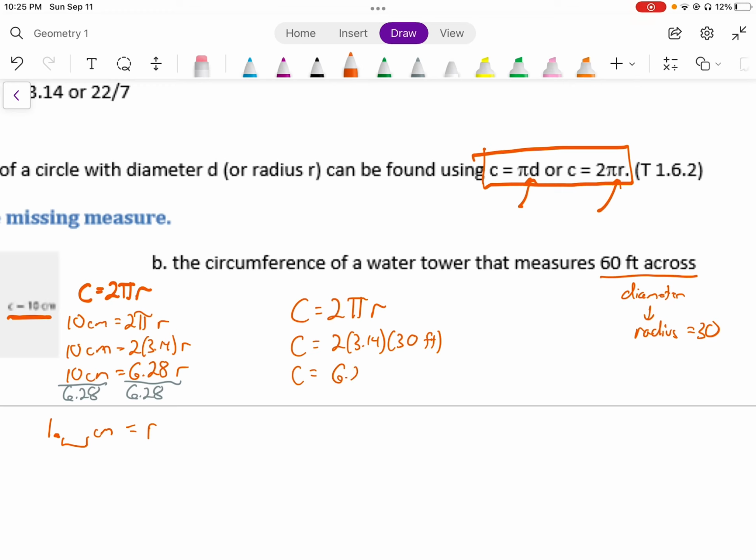That's 6.28 times 30 feet. And once again, I will let you multiply that out and find the actual circumference. Lots of information, lots of definitions. So we need to get a working understanding of these definitions.